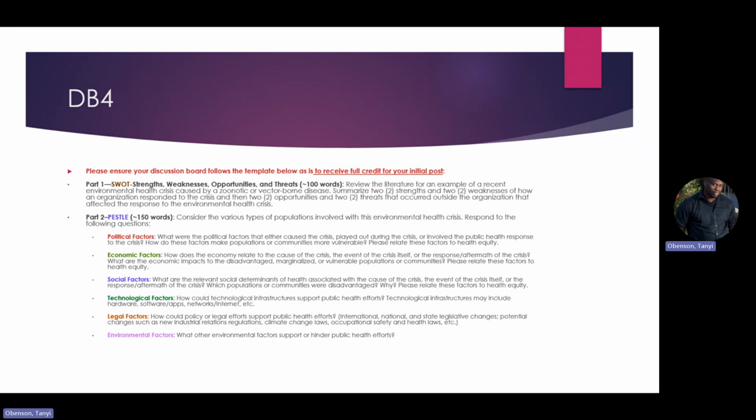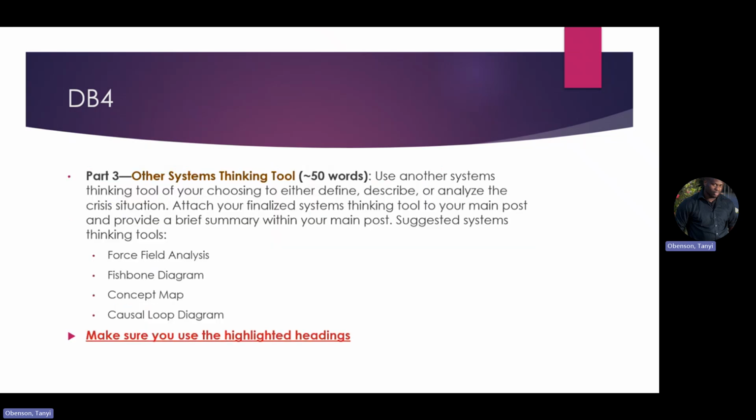Social factors, what are the relevant social determinants of health? Technological factors, how could technological infrastructure support public health efforts? Legal factors, how could policy or legal efforts support public health efforts? And then environmental factors, what are the environmental factors that support or hinder the public health efforts?